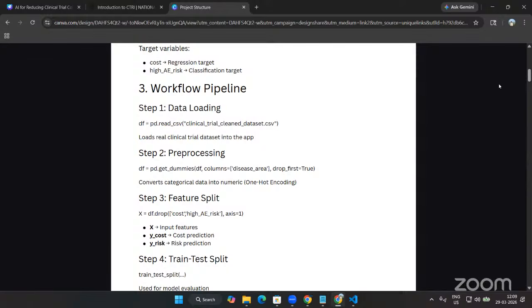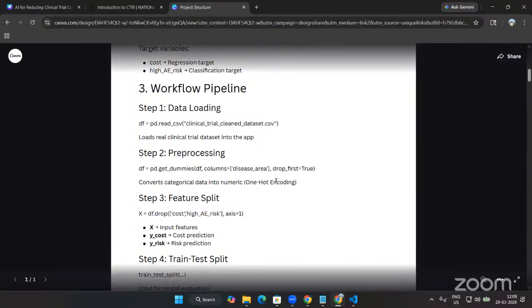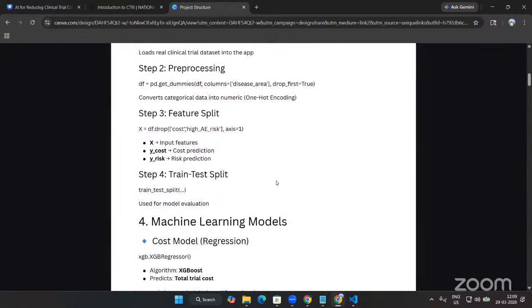So how does that happen? It happens with the help of pd.get_dummies. There is a function which does it. It converts the categorical data into numerical, and this technique is called one-hot encoding.